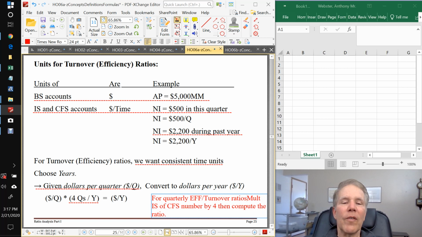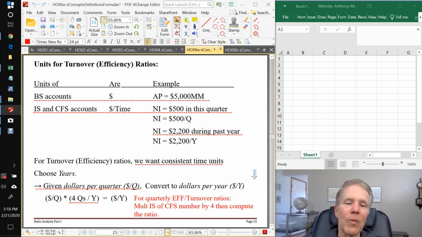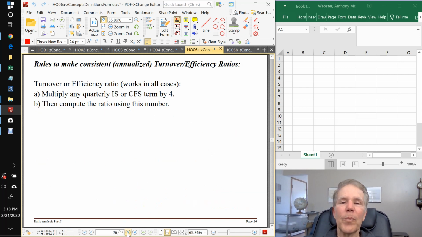Okay, so if it's an efficiency or turnover ratio and it's quarterly, here's all you got to do. This is always, always, always going to work, right? Multiply the income statement or cash flow statement number by 4, then compute the ratio. Always going to work. Don't do that if it's an annual number, because the units are already in years if it's an annual number.